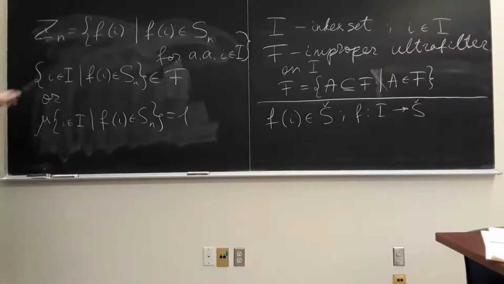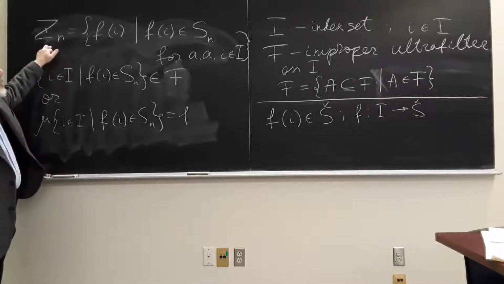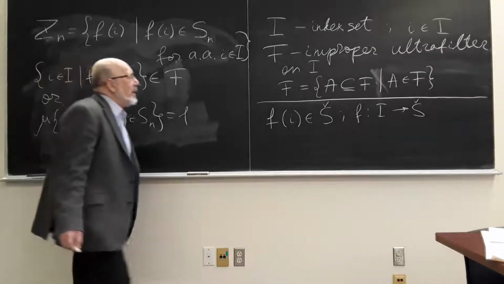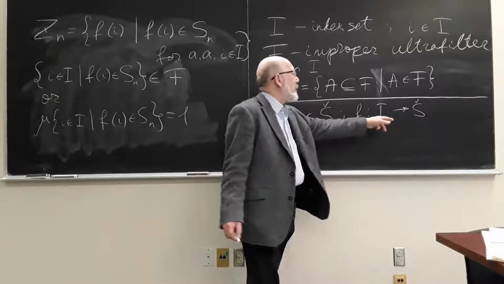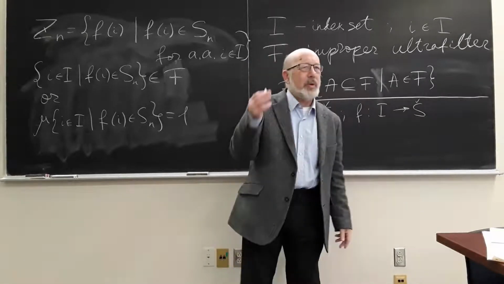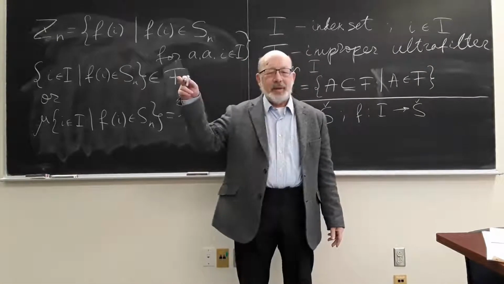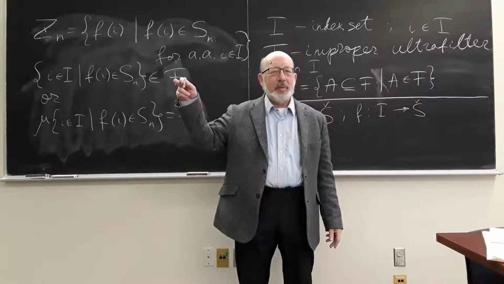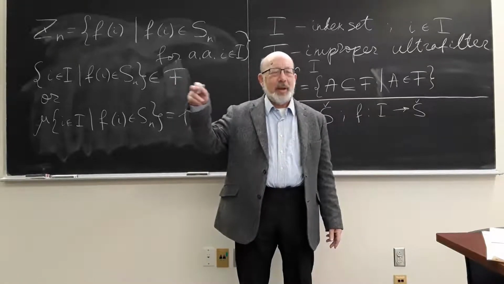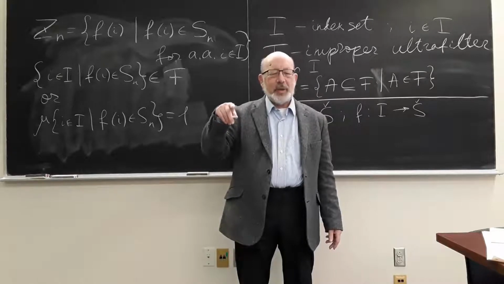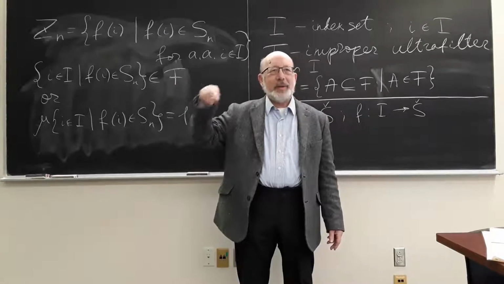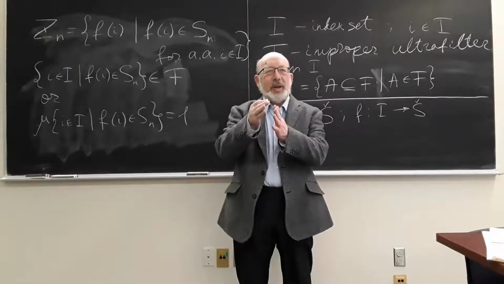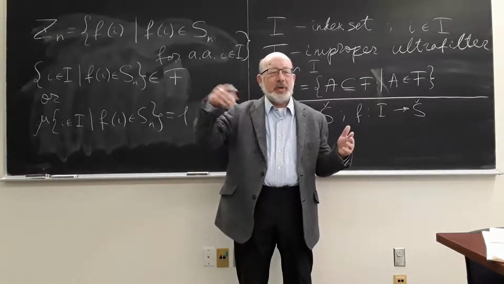So Zn, this is a great restriction on these functions because, say, if our set I is the set of positive integers, and each element f of i belongs to S number i, then certainly there is no such n that it contains all images of i.